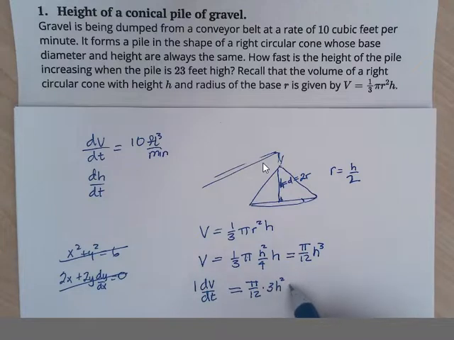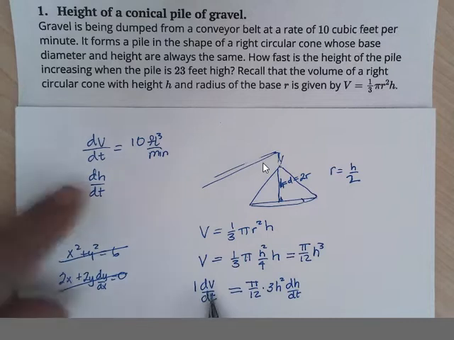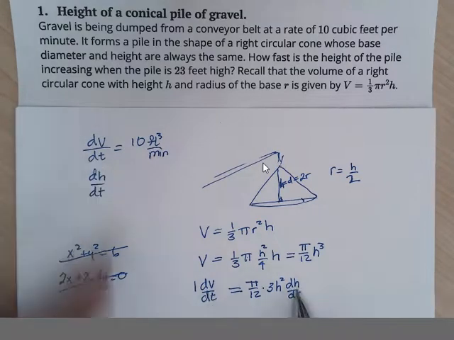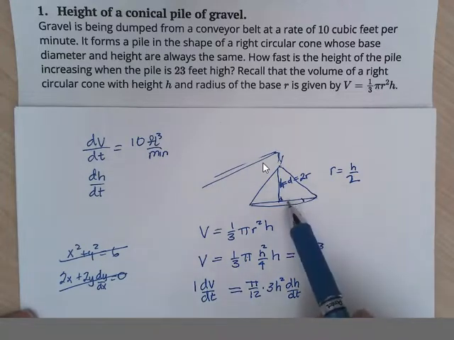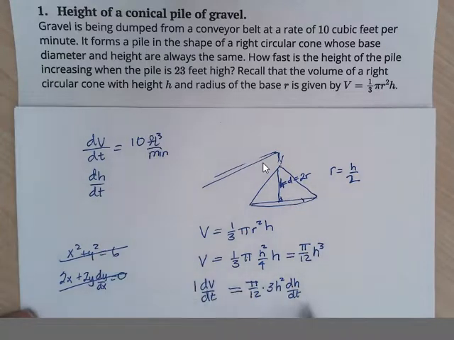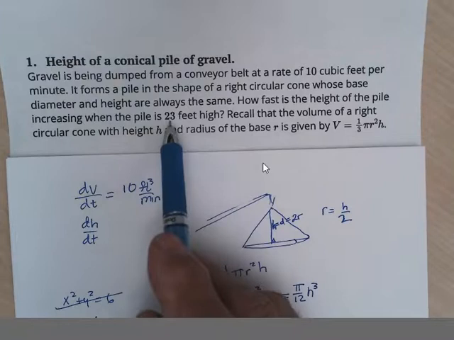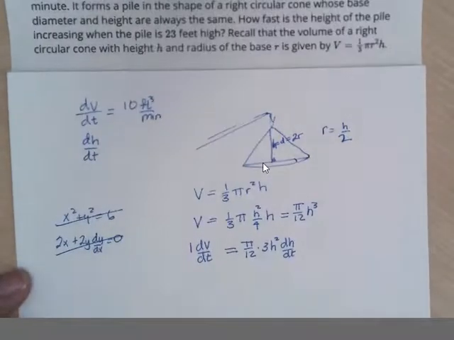The variable is not t, so we have to add dh/dt. This creates a relationship between the change in volume and the change in height, which is what they wanted to know. There's still an h in this because the derivative of h cubed is 3h squared, and that's why they said to do this at the specific moment when the height is 23.